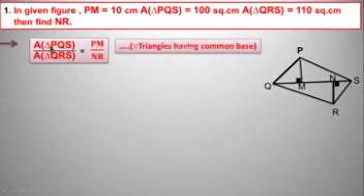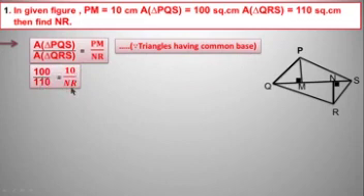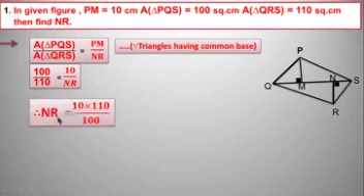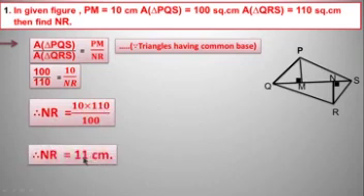Here area of triangle PQS divided by area of triangle QRS is equal to PM divided by NR, triangles having common base, and therefore 100 divided by 110 is equal to 10 divided by NR. Therefore NR is equal to 10 multiplied by 110 divided by 100, is equal to 11 centimeter. The length of NR is equal to 11 centimeter.